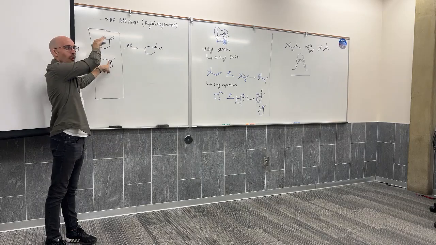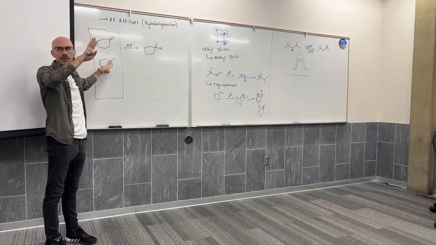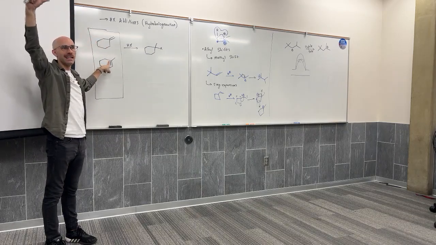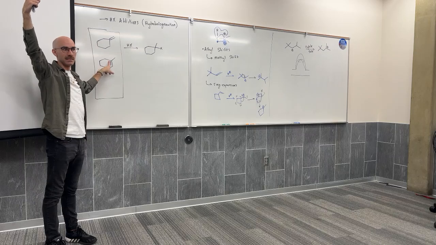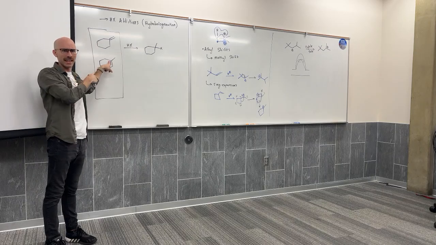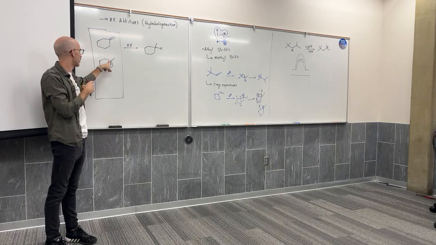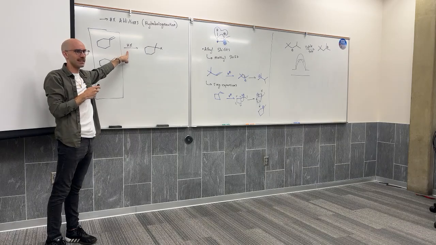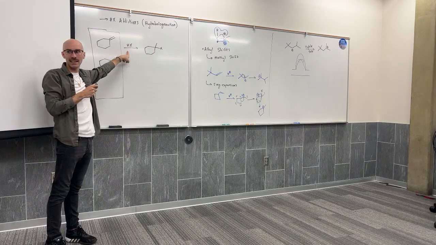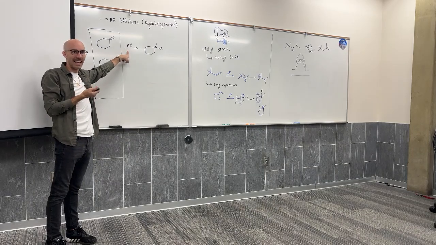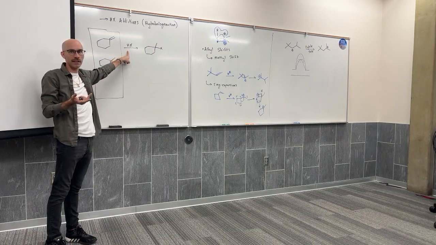Remember, the whole header that we're underneath, if you go back up in your notes, is 3, alkenes as bases. How do I know for certain that the alkene is acting as a base here in a reaction with HX? Because HX is an acid: hydrochloric acid, hydrobromic acid, hydroiodic acid.